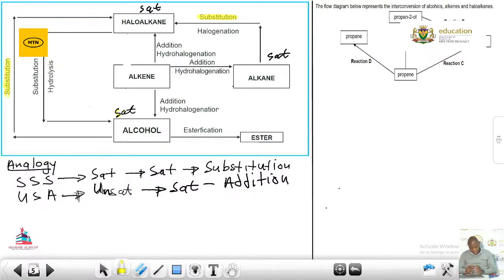Once that is done, everything becomes easy to identify. I am not given any organic molecule to draw structures or anything like that, but the key critical thing is that I am able to identify the type of reaction.